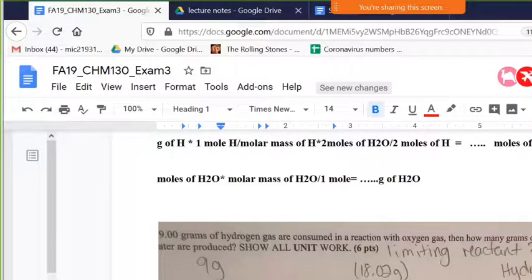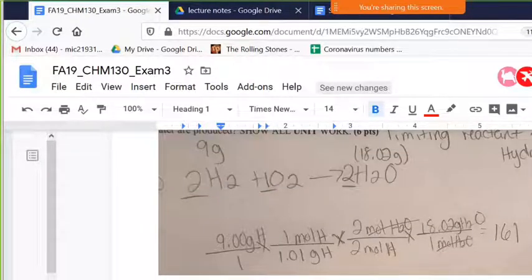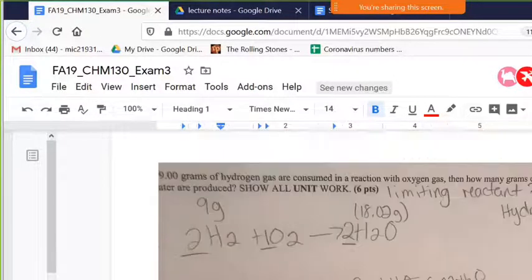The work shown on page 6 has some simple mistakes because they have the molar mass wrong. As soon as they fix that, that's fine.